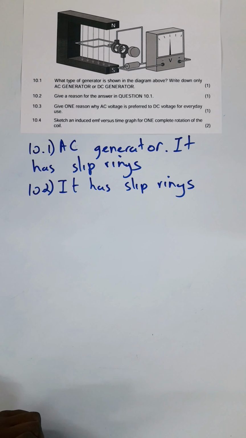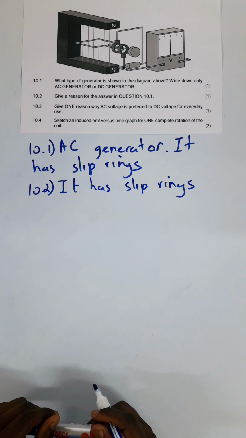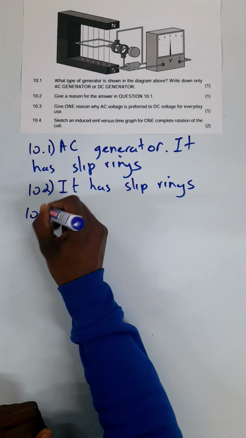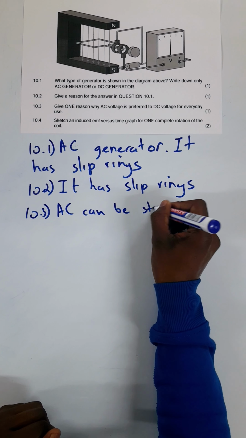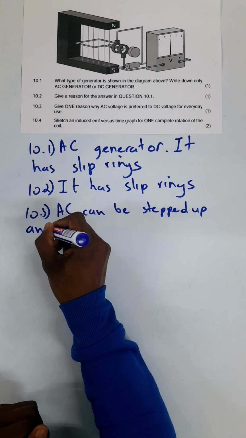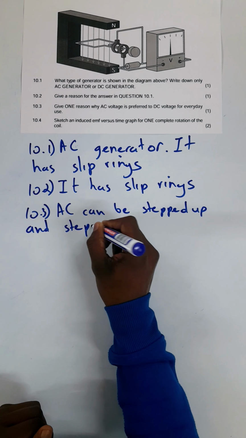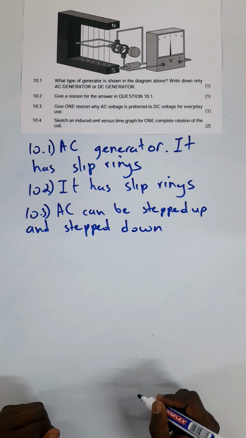So now 10.3 says, give one reason why AC voltage is preferred to DC voltage for everyday use. Now first and foremost, AC can be stepped up and also it can be stepped down. AC can be stepped up and stepped down.